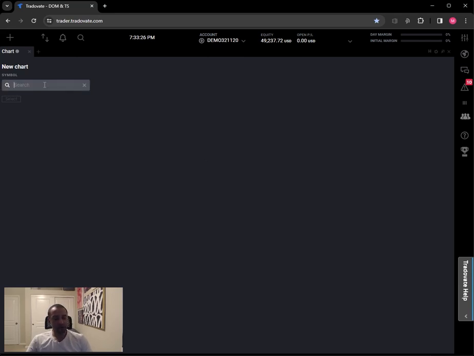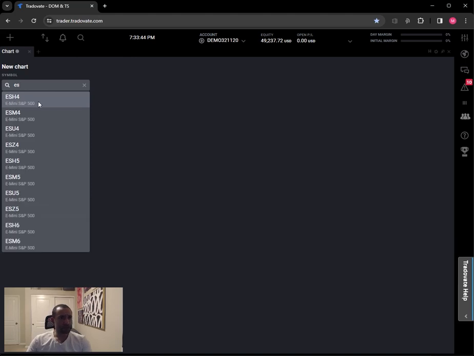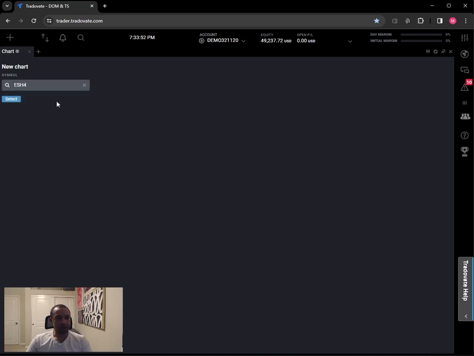So the two tickers or symbols that we use mainly are for the S&P 500 futures. One is called the mini contract and one is called the micro contract. We're going to add the mini contract, which is ES, and typically the first one that comes up is going to be the current contract. So it's the ESH4 right now. Okay, and then click select.